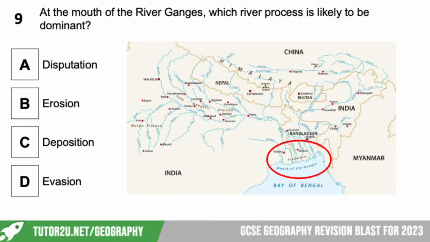9. At the mouth of the river Ganges, which process is likely to be dominant? Is it disputation, erosion, deposition, or evasion? It is deposition. So we have a delta here that is formed by deposition.